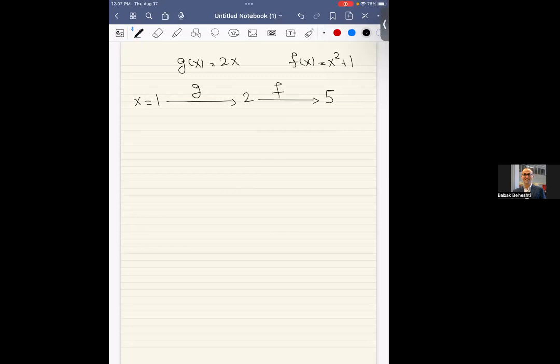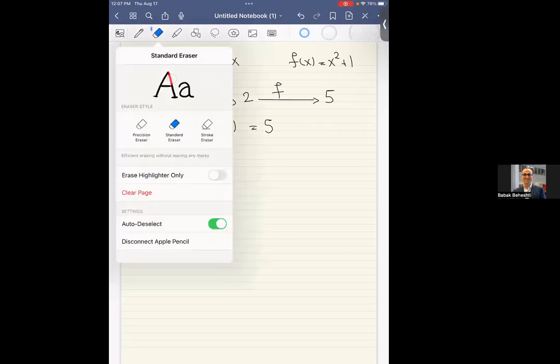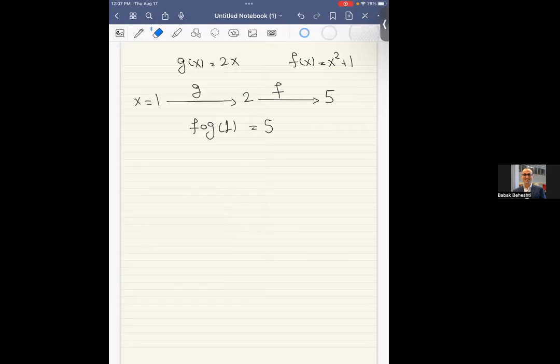So that means FOG of 1 is equal to 5. So in this picture, this is FOG basically.